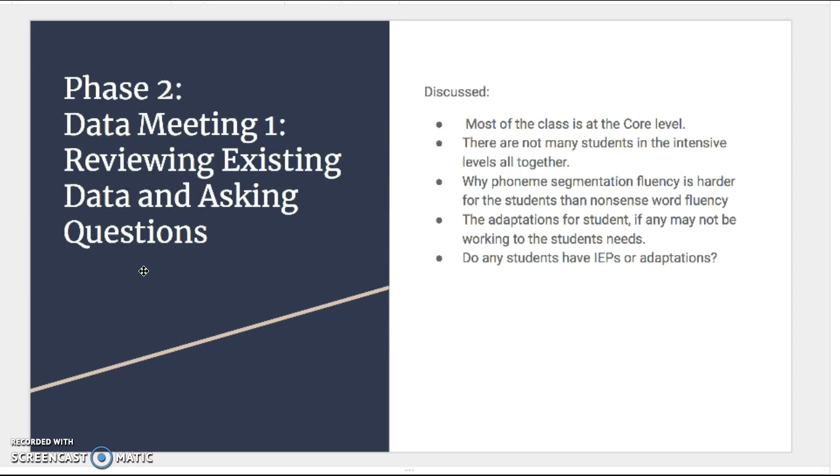We were wondering why the phoneme segmentation fluency was harder for the students than the non-fluency words. We looked at the adaptions for students to see if there's any students that had needs that weren't being met or that were being met that we didn't know about, or if anybody was on an IEP or had adaptions, because that information was not provided with the assessment.